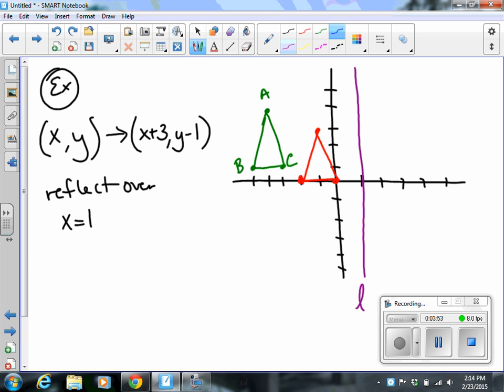Okay, so now I'm going to go ahead and reflect this over, and I can see here that this C point is 1 away from the reflection line, so then I have to go 1 more away from the reflection line. This is technically my C prime. So now I'm going to do the same thing with the B. B is 1, 2, 3 away from the line, so I'm going to go 3 in the other direction, 1, 2, 3.